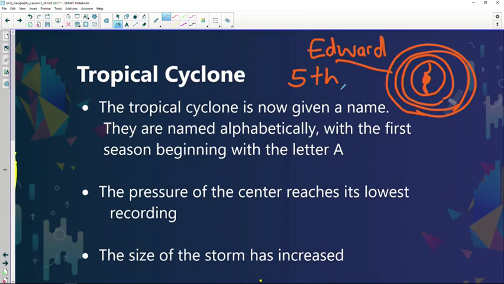For instance, in 2017, we experienced Hurricane Harvey and Hurricane Irma. Now, very importantly, remember, tropical cyclones are exactly the same thing as a hurricane. Where do we call them hurricanes? In America.